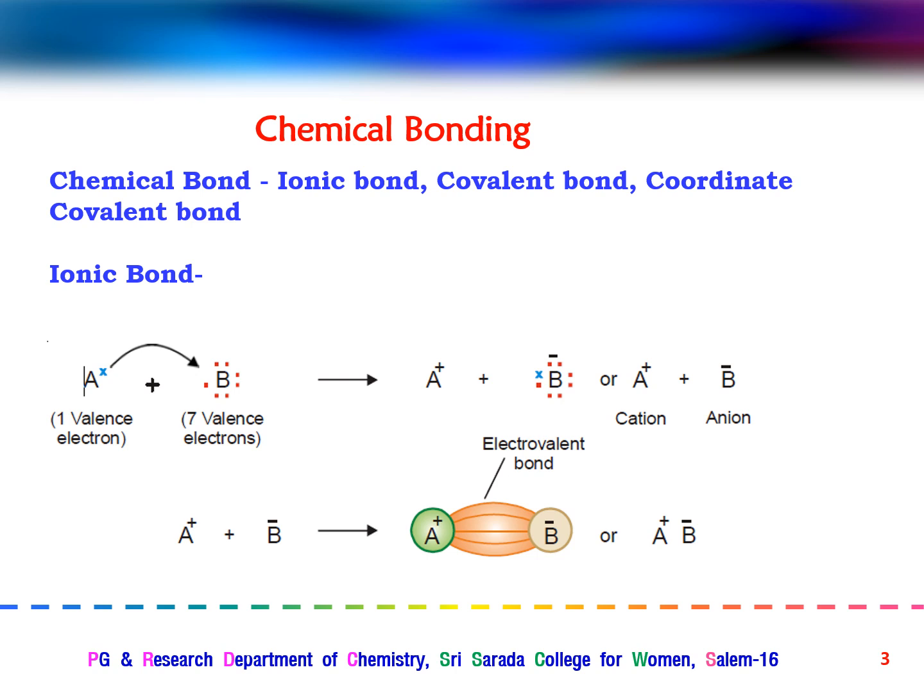The electrostatic attraction between these positively charged cations and negatively charged anions, produced by the electron transfer, constitutes the ionic bond, or we can say the electrovalent bond. The compounds containing such bonds are called ionic compounds or electrovalent compounds.